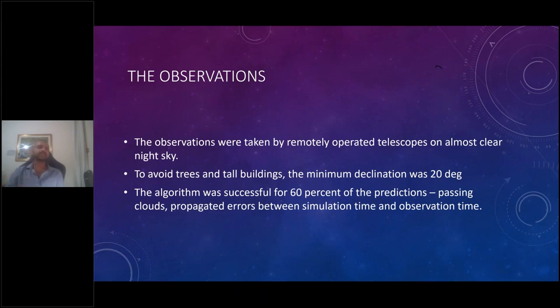So the algorithm was successful for at least 60% of the time, because as we've seen, the TLE has an inbuilt error based on the measurement type, or just because time has passed since the generation of the TLE. So not all TLEs are released in a consistent manner.